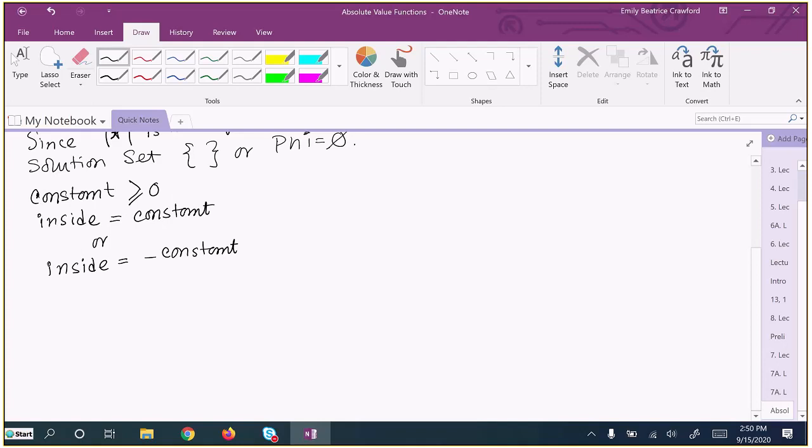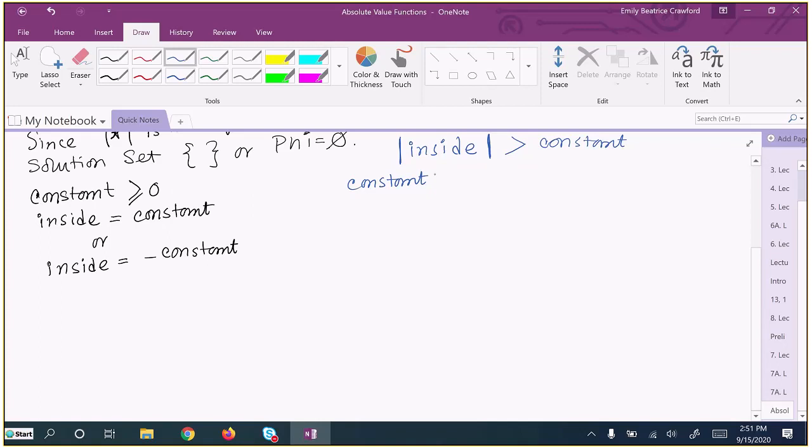When we are trying to solve absolute value inequalities, this time we will talk about absolute value of whatever the inside is. Again, I do not know what is in there. It's just an expression in the input variable x. If we have greater than a constant, then I try to determine whether again this constant is positive or negative.